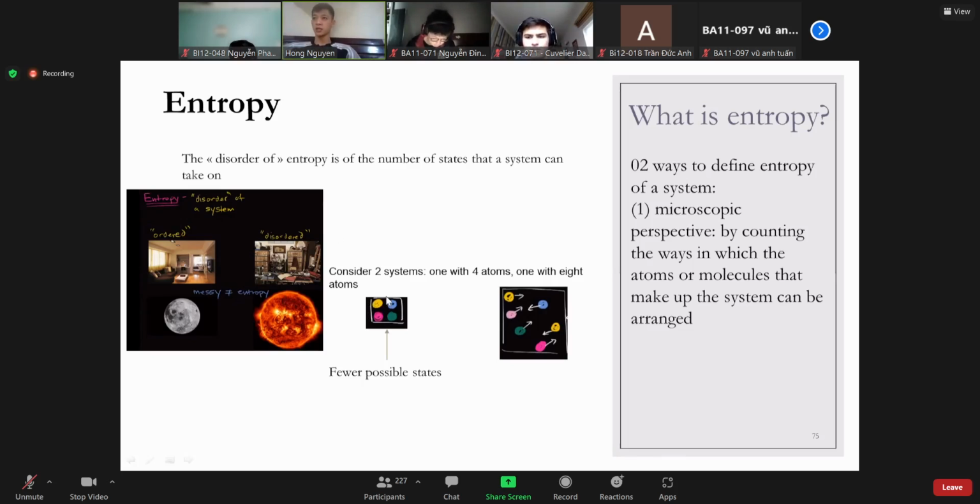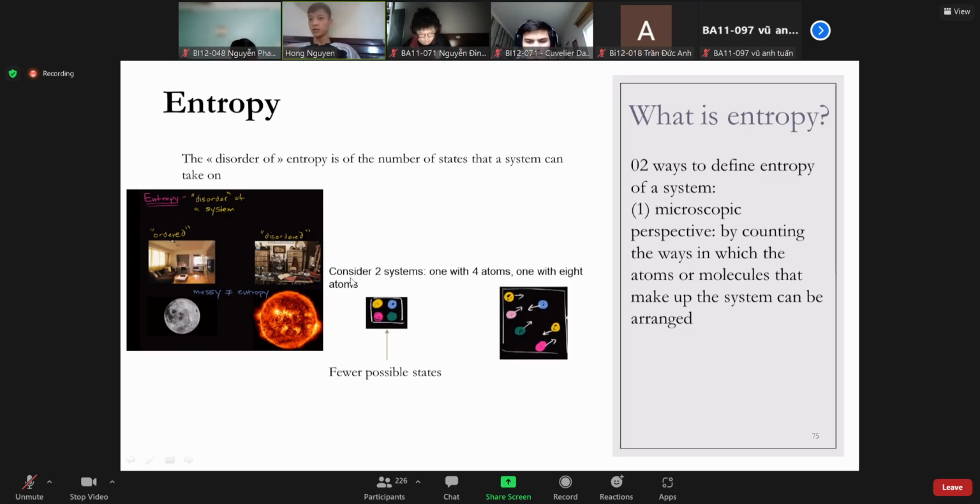If we change the position of one atom, for example the yellow one, to another position, we have a new state. If we put the pink atom into another position, we have another state of this system, right? Then we count to see how many states this system will have.